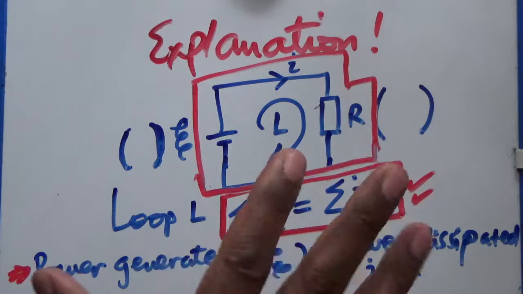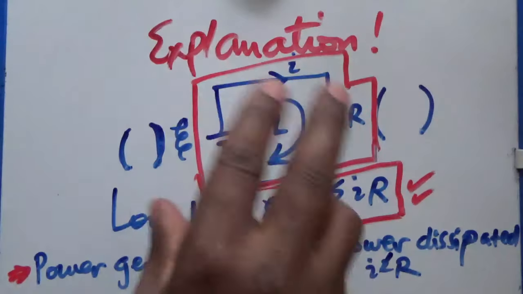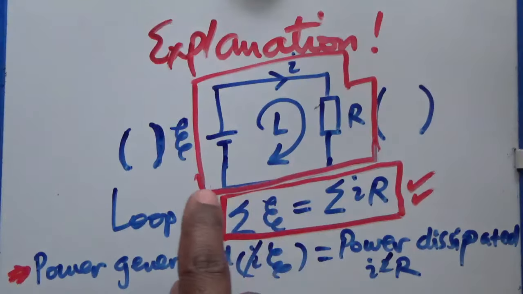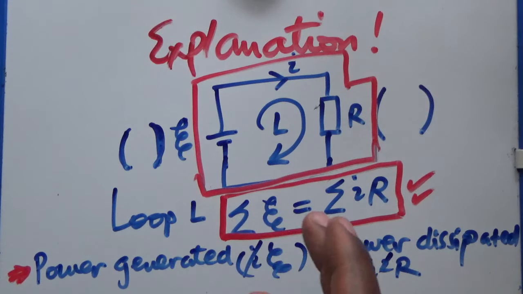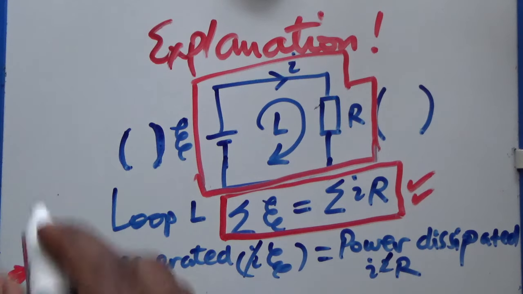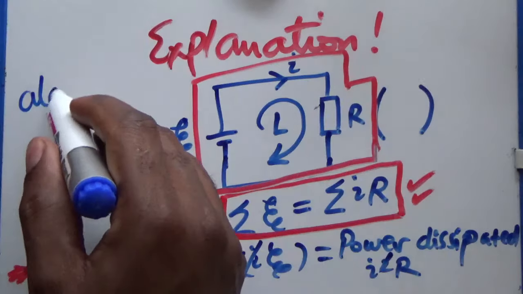With this kind of understanding, it becomes very easy. Our law says the summation, but we mean algebraic sum.